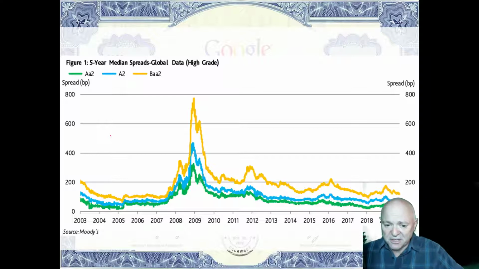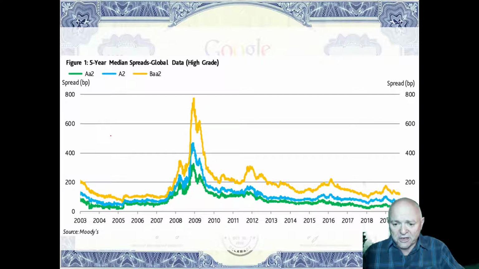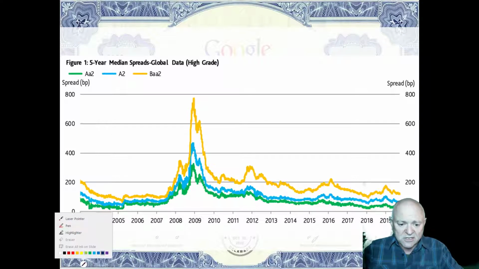As we're moving through the decade from 2003 to 2008, the typical credit spread, the difference between the risk-free rate and the rate on that class of bonds, would be something like 100 to 150 basis points up to 2007. If you take a look at the double A, or the green line, by the time we get to 2008, 2009, all kinds of interesting things are happening.